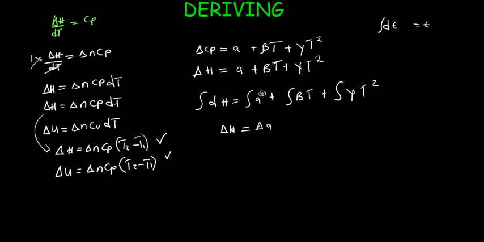Now I'll attach the temperature with the power 1, so I have temperature 2 minus temperature 1. Hope that is clear. I'm just modifying this equation and trying to master it.